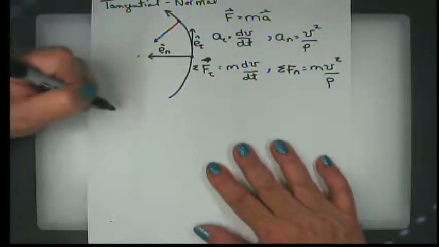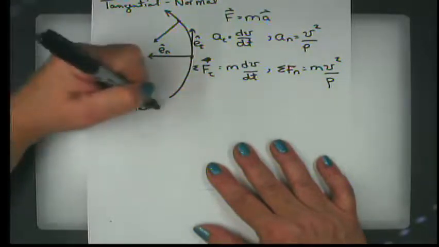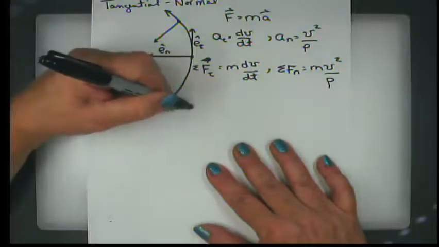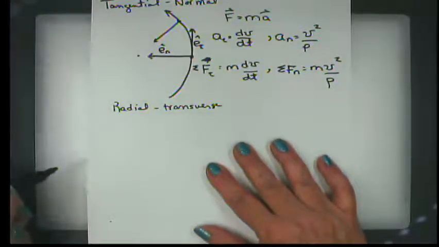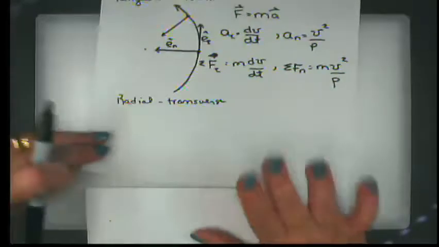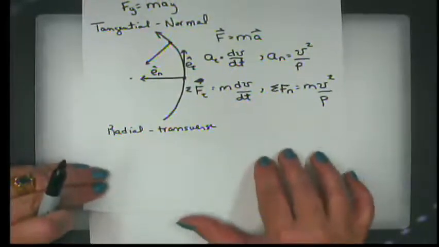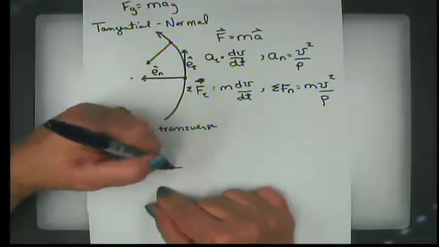So if we then talk about radial transverse components, and if you remember, we said there are some applications to machine parts for this type of motion, but the classical problem that we deal with at this stage is a collar sliding in and out along some sort of a radial arm.